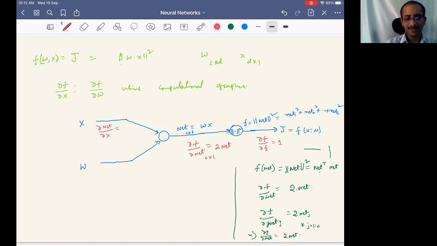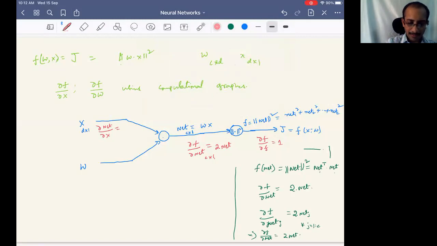First of all, what will this be? ∂f/∂x. Is it a matrix or a vector? You should tell this answer very quickly. What dimension will this be? It will be a matrix. Very good. And what is the dimension of this?